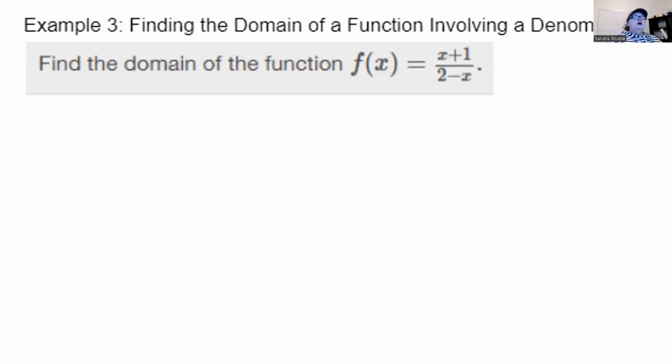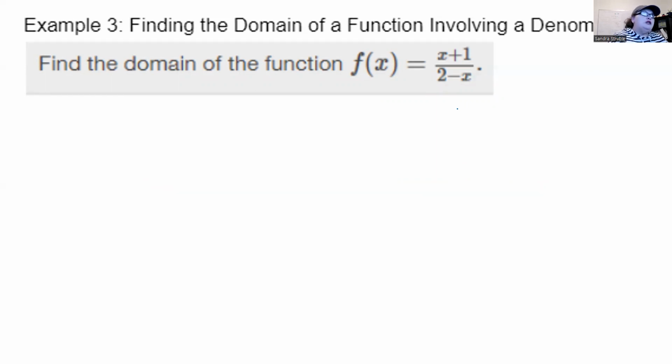Now this one is limited, because what can you not have in the denominator of a fraction? You can't have a 0. A 0 in the denominator will make this function undefined. So I need to know what number cannot be placed in the denominator. In order to do that, I just take my denominator and set it equal to 0.